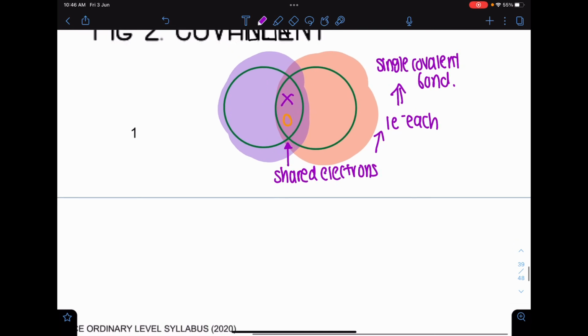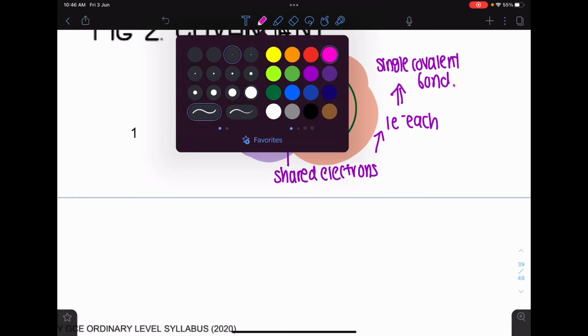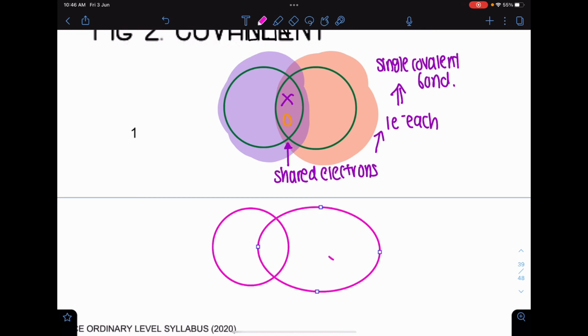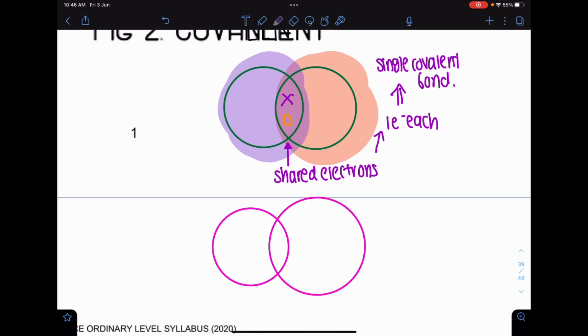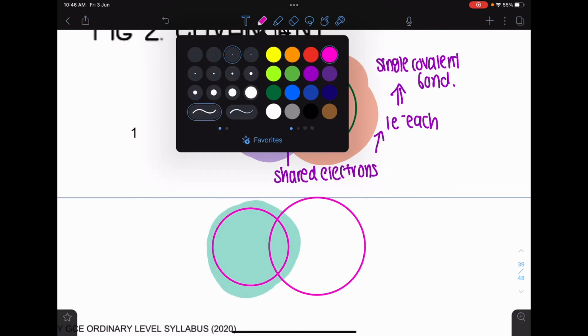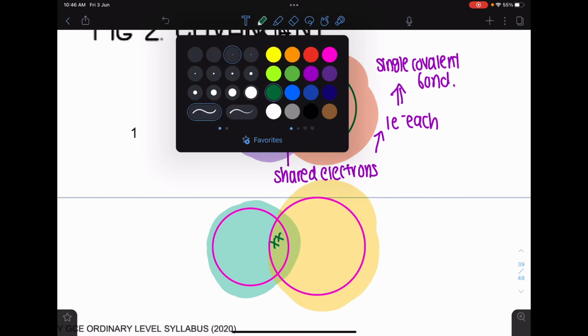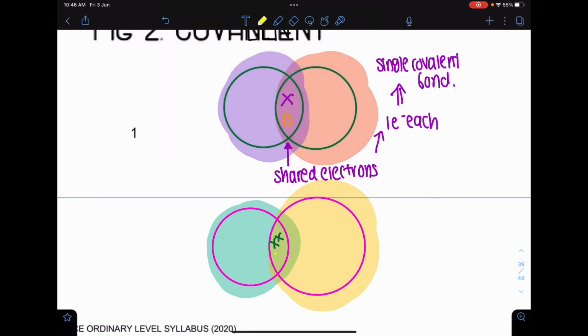However, there are also instances where not just one electron is shared by each of the atoms. So I'm going to show you another possibility. Let's color code this as well. I have a green atom. This green atom could be sharing 2 electrons, and then I have another one, this yellow atom here, sharing 2 of its own electrons.